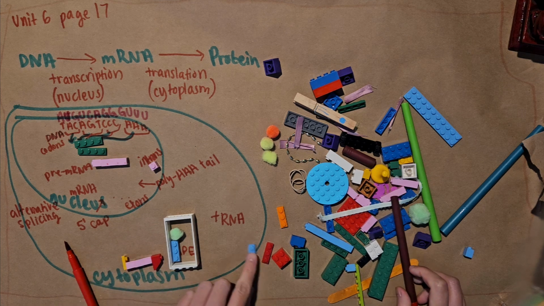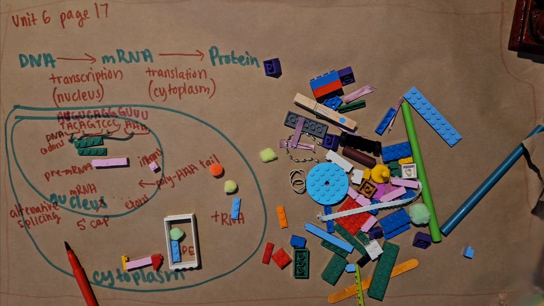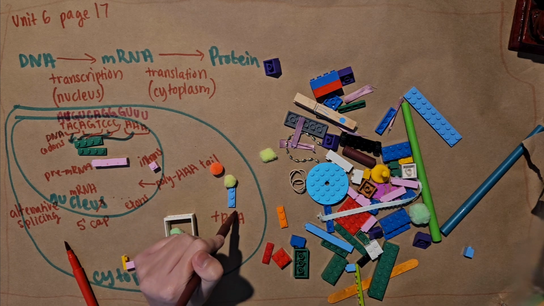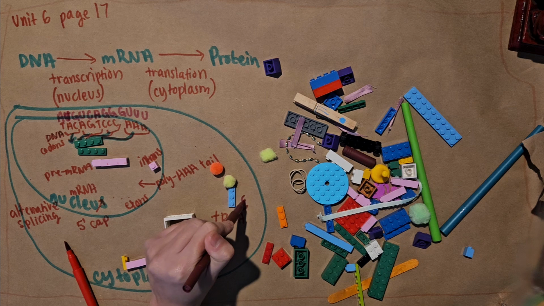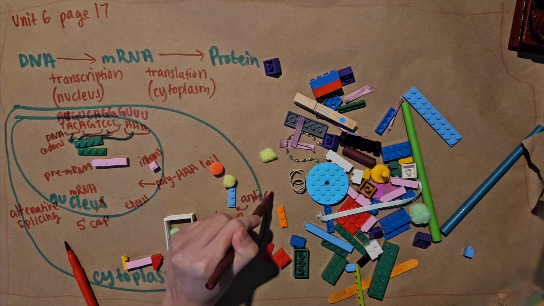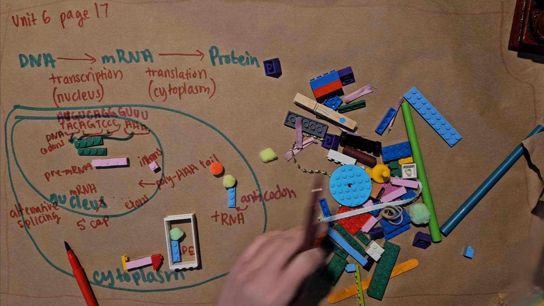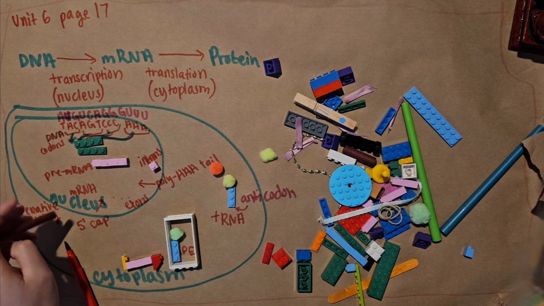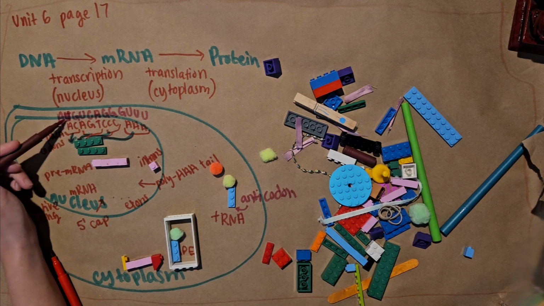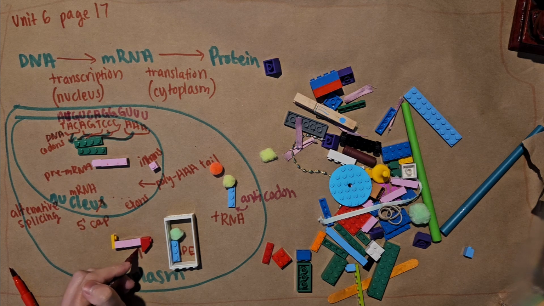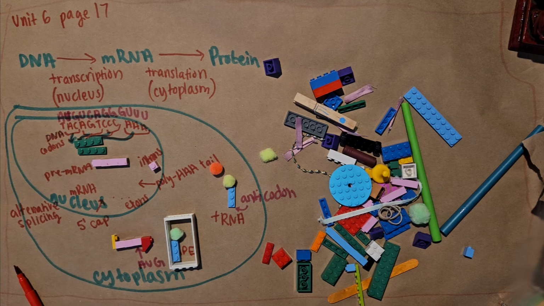And on the tRNA, each tRNA has an anticodon. So at the bottom of these is an anticodon, which is complementary to an mRNA codon. So let's say that the first one is going to be AUG. That's how we got it, AUG.